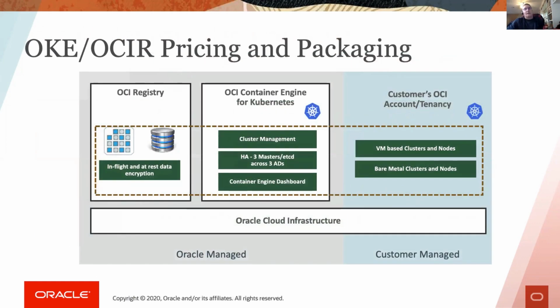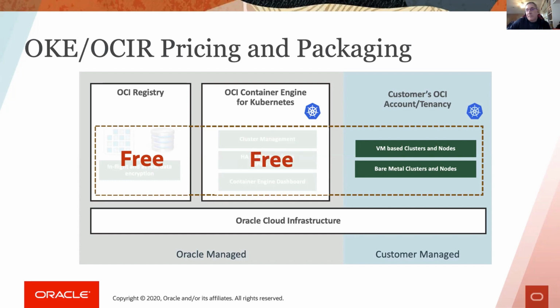Now let's talk a little bit about the OKE and OCI pricing and packaging. First off, the stuff in the gray area is Oracle managed. The stuff in the light blue is the customer managed area, which is really all about your application. The OCIR registry is totally free to you as a user, a developer in a tenancy. You're not having to pay extra for that.